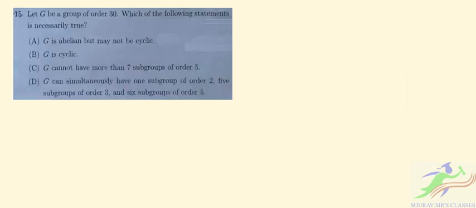Now question number 15 says: let G be a group of order 30, which of the following statements is necessarily true? So this first option is given, that G is abelian but may not be cyclic. So take G to be S3 times Z5.